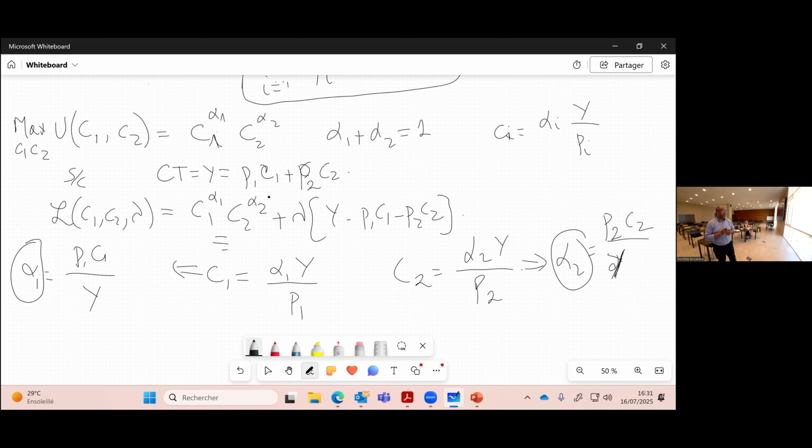And it's very fast, it's simple to use a Cobb-Douglas utility function in a CGE model because we can calibrate the parameters directly from the SAM. Why?